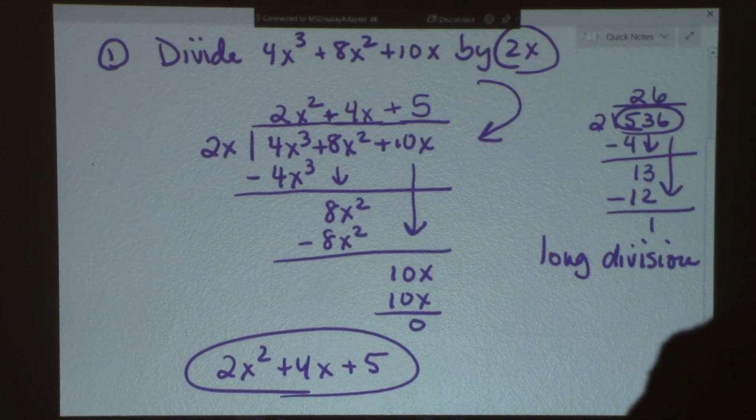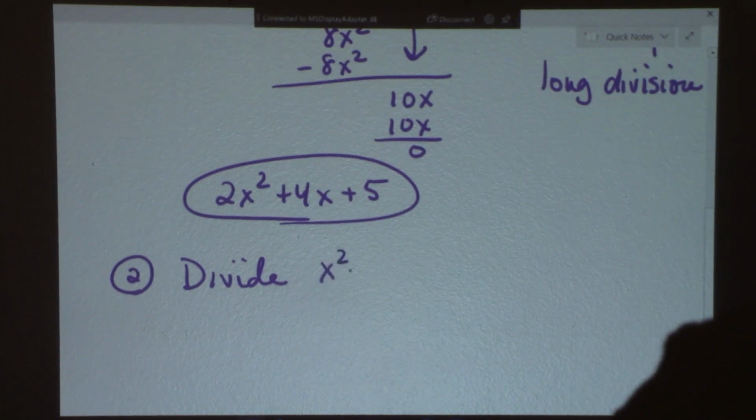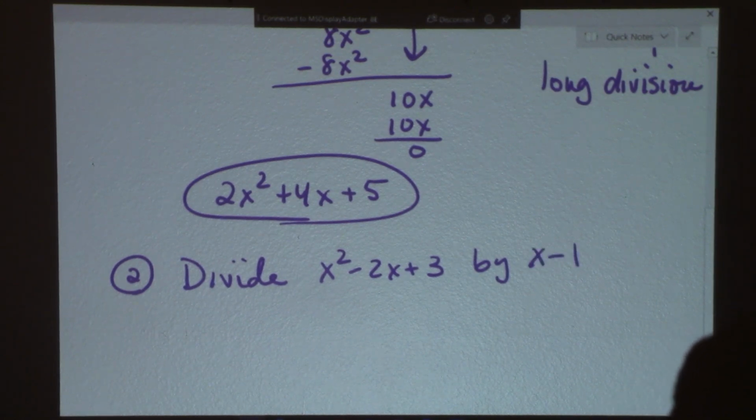Okay, so let's do another one. And of course it's going to get a little bit harder, but I know you can handle it. So this time I'm going to divide a trinomial by x minus 1. Not just one term, but 2.